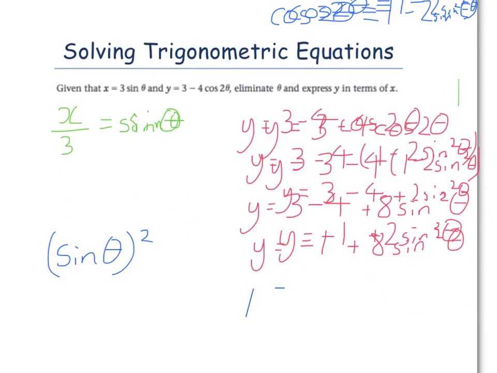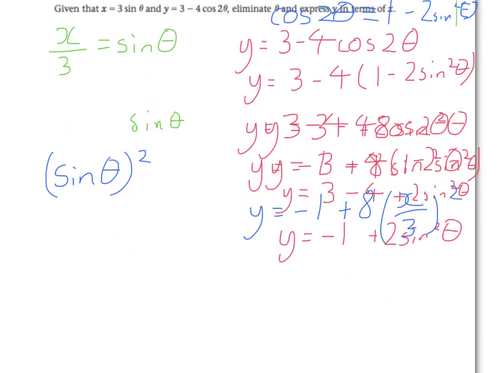So y equals minus 1 plus 8 times x over 3, because that's what our sine theta is equal to, squared. And at this stage, if we just tidy up finally, y equals minus 1 plus 8x squared over 3 squared, which is 9. So now we have an equation for y in terms of x with no thetas in it.